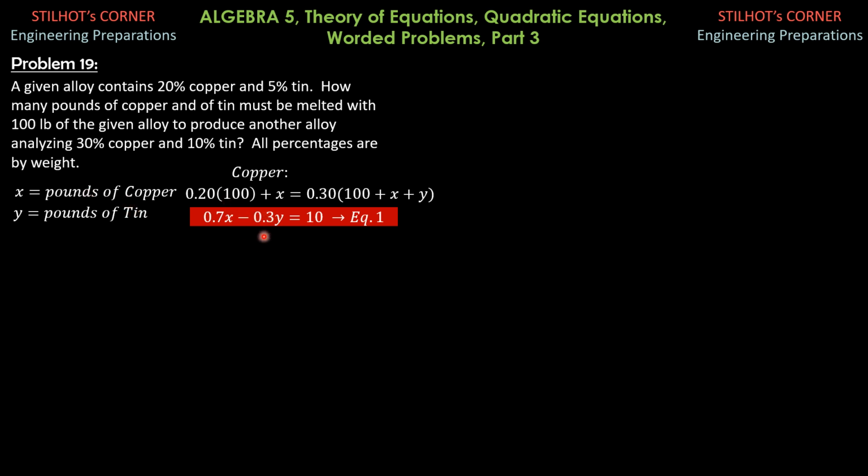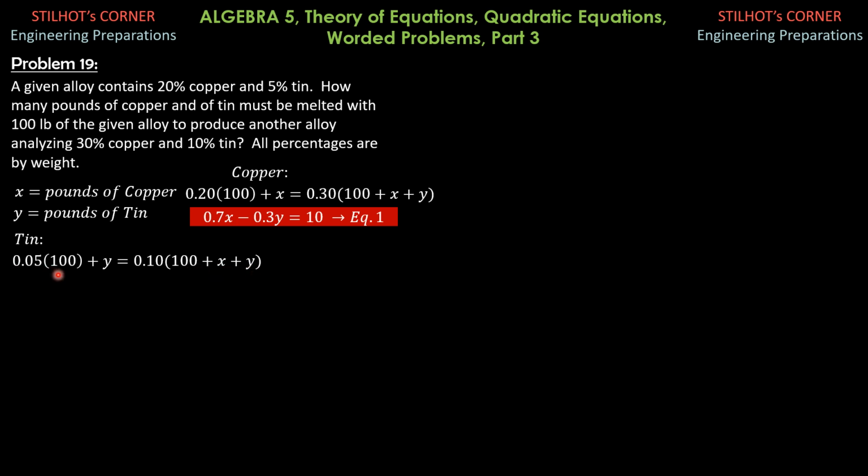I will not include it in the formulation of the equation because it will still be 0. Then equals 10%, or 0.1, of quantity 100 plus x plus y. So 0.05 of 100 plus y equals 10% of quantity 100 plus x plus y.